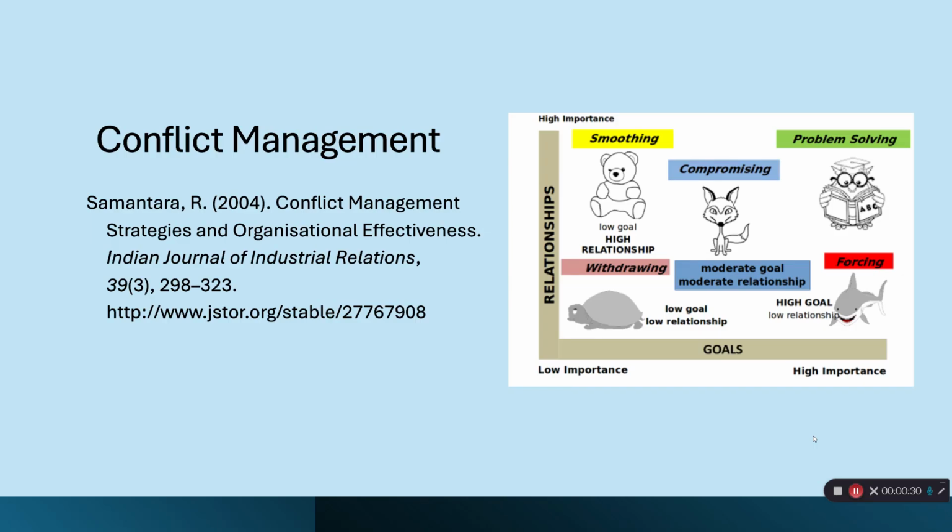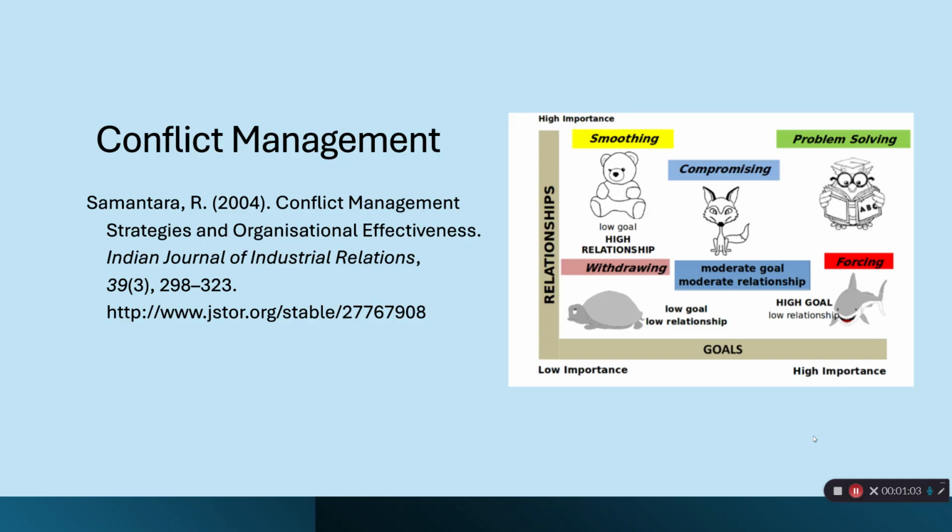This article focuses on 5 separate methods of conflict management, which are withdrawing, smoothing, compromising, forcing, and problem solving. And it also analyzes how these methods impact perceived measures of organizational effectiveness, such as productivity, adaptability, and flexibility.